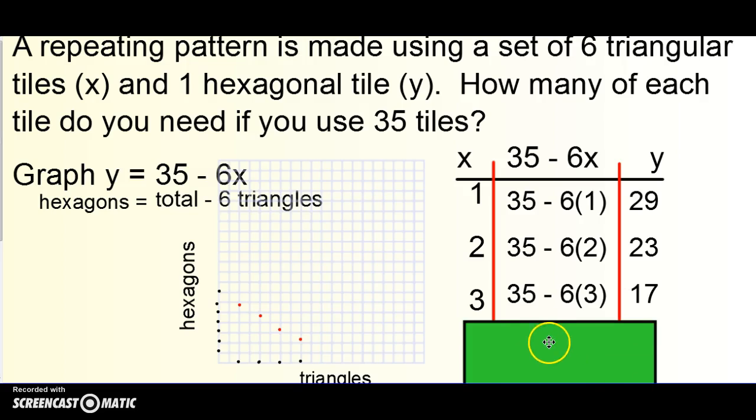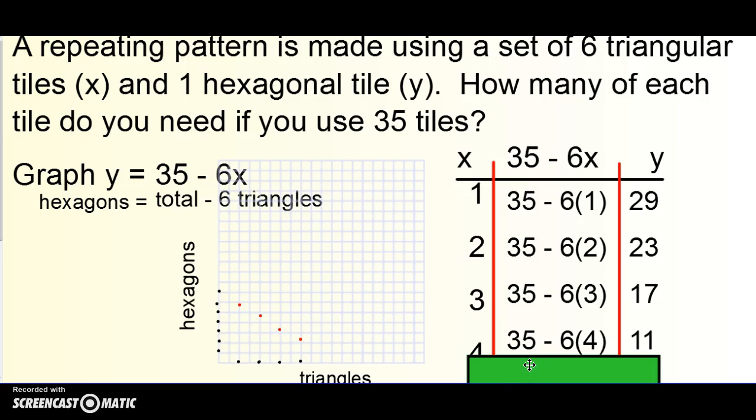Well, what if I have 4 hexagons? Then you'd only have enough tiles left to have 11 triangles. Same thing with graphing. You would say 1 is my x, so go over to the 1, and when I graph these, I went by 5, so each square here represents 5.